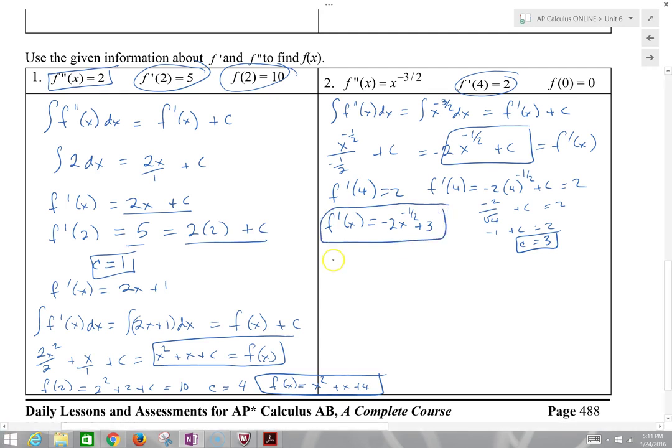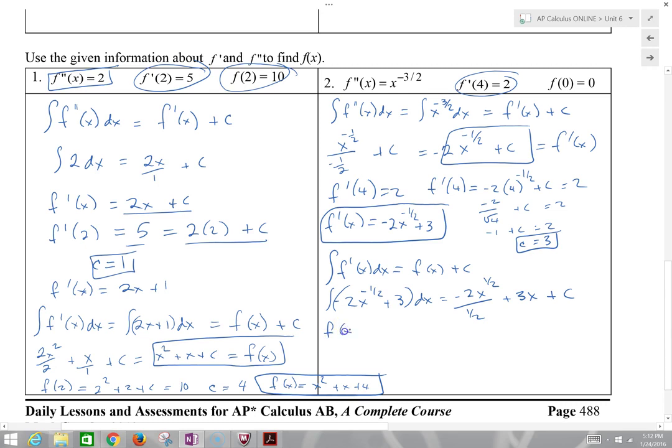Let's keep going. So the antiderivative of f prime of x dx is equal to f of x plus c. So the integral of negative 2x to the negative 1 half plus 3 dx is equal to negative 2x to the positive 1 half over 1 half plus 3x plus c.